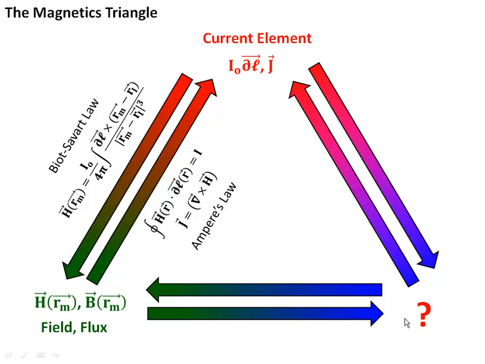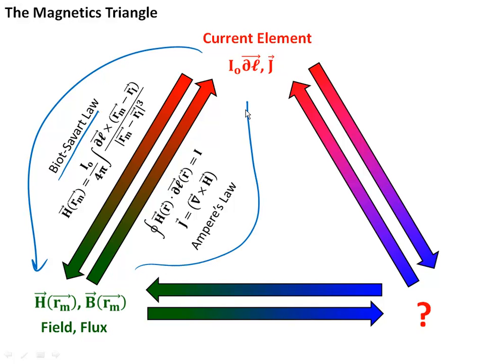So essentially this leaves us in better shape with our magnetics triangle. We can go from current elements back to fields and fluxes via the Biot-Savart law, which unfortunately involves a complicated integral that's going to have 12 components in the most general case. And we have two ways to go from the field or flux back into currents.